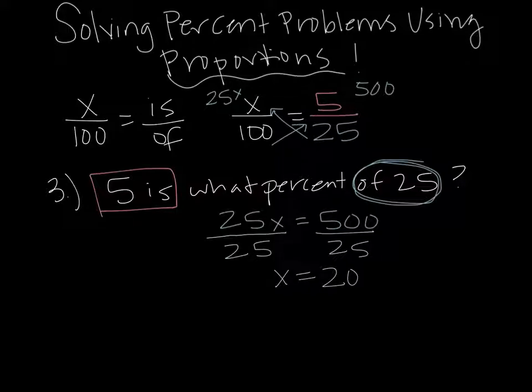So that means 5 is 20% of 25. Gotta add my percent sign if I'm finding a percent. So 5 is 20% of 25, meaning if 5 snacks were healthy out of 25, that's 20% of the snacks were healthy.